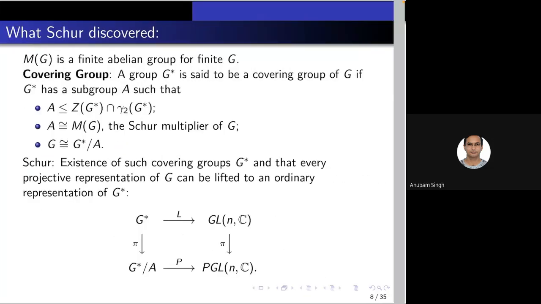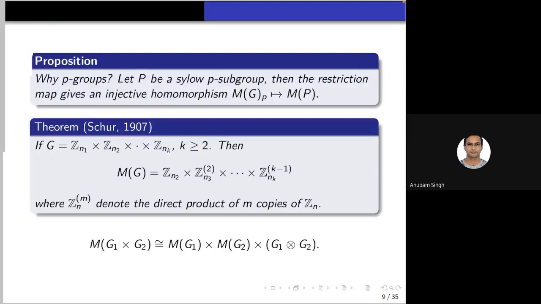So let's go further. What else did Schur discover? So why be interested in p-groups? It was discovered by Schur that if P is a Sylow p-subgroup of a group G, then the p-th part of M(G), that is the Sylow p-subgroup of M(G), lies inside the Schur multiplier of the Sylow p-subgroup.